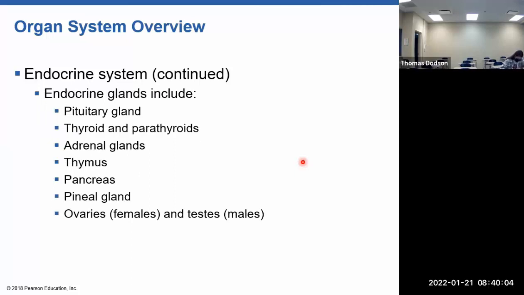So you have glands like the pituitary, the thyroid, the parathyroid, the adrenal glands, the thymus, the pancreas, pineal gland, and even reproduction is involved, with the ovaries and testes being glands producing various things: testosterone and androgens, estrogen, various things like that.